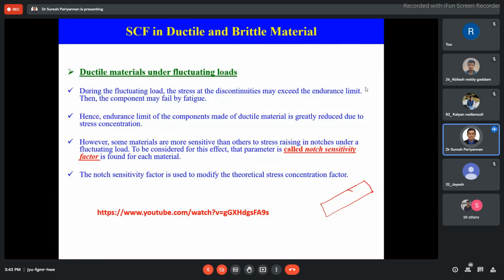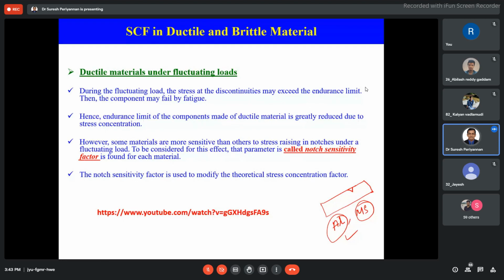This is the notch. Now, which material is more sensitive to cracks? Aluminum, because it is more ductile, right?